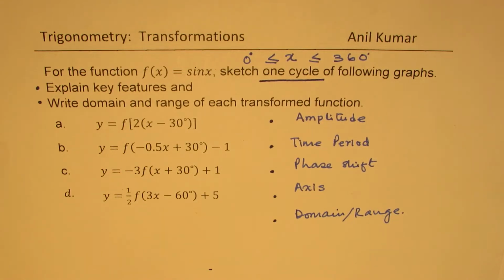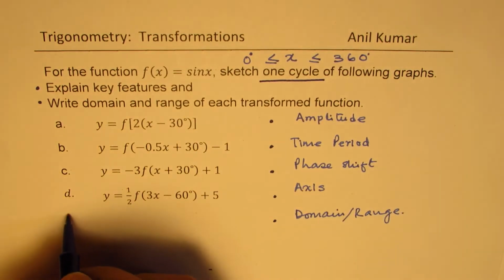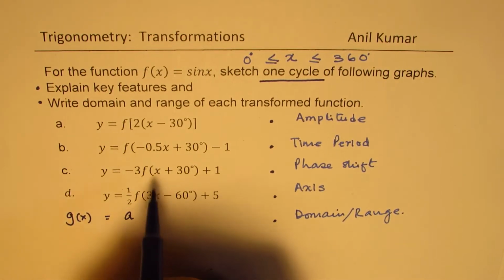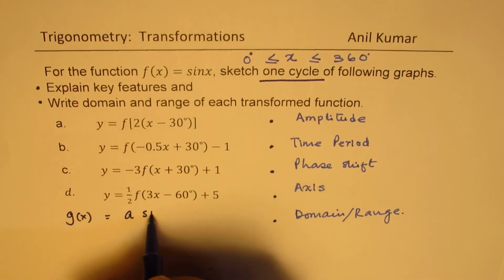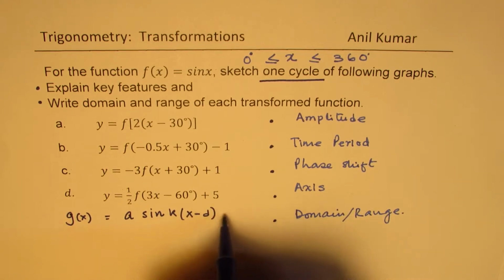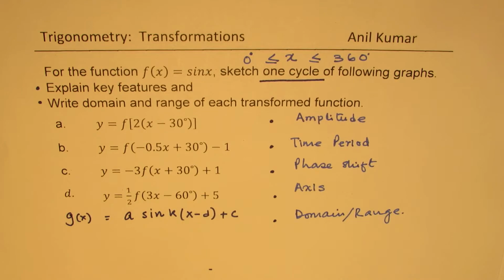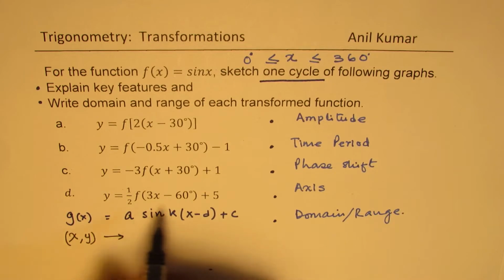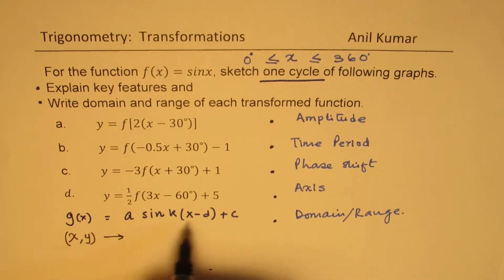That is one part. The second part to understand is that generally a transformed function g of x will be written as a times sine of k, x minus d, plus c, right? If you have this kind of transformed function, then the coordinates of the points from the function sine x, let's say x and y, get transformed and their image is going to be at x over k plus d.